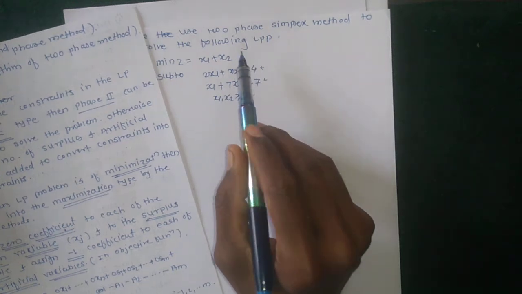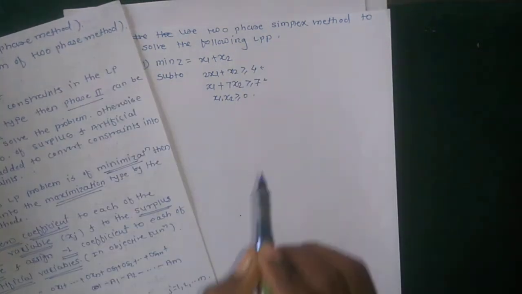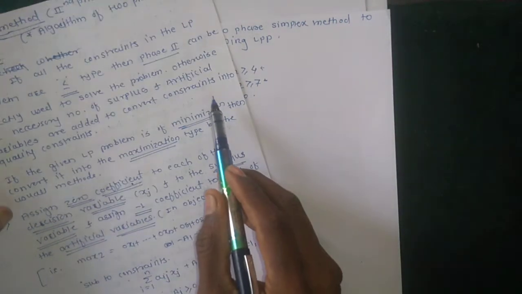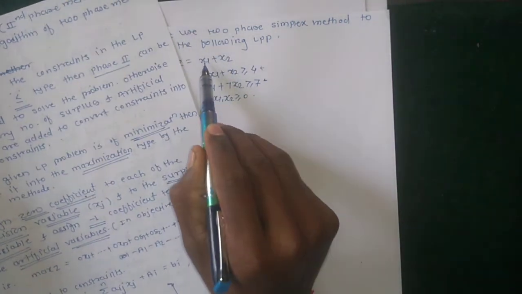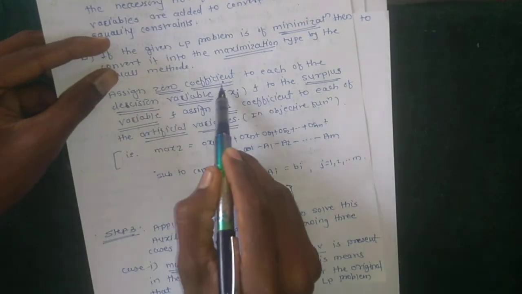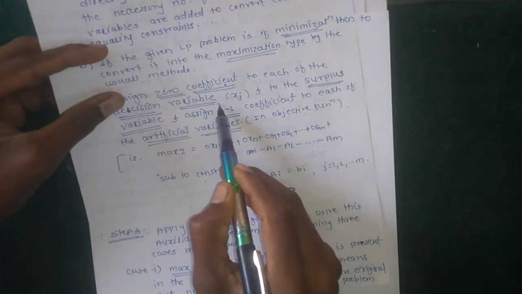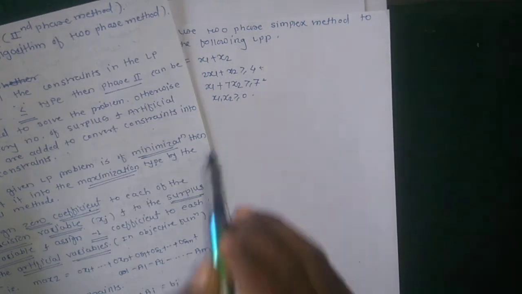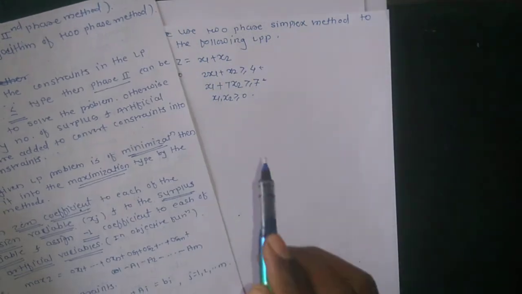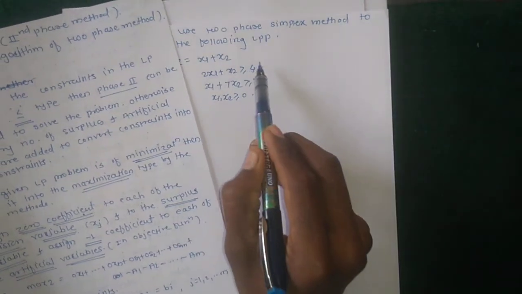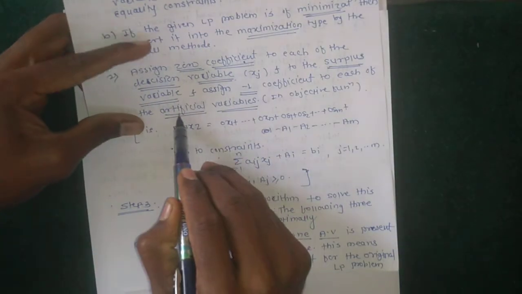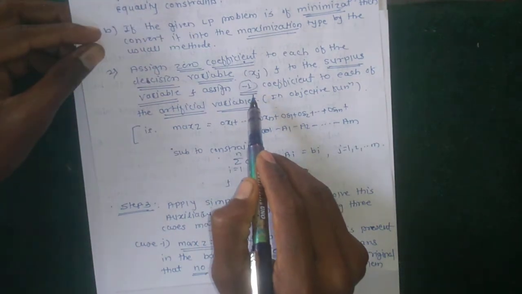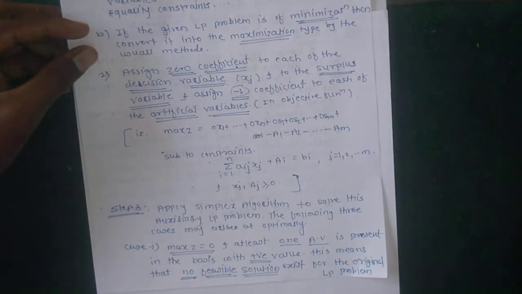Then lastly, for the phase first method, assign 0 coefficient to each of the decision variables. The decision variables x1 and x2 take cost 0, the surplus variables also take cost 0, and for the artificial variables take cost -1.